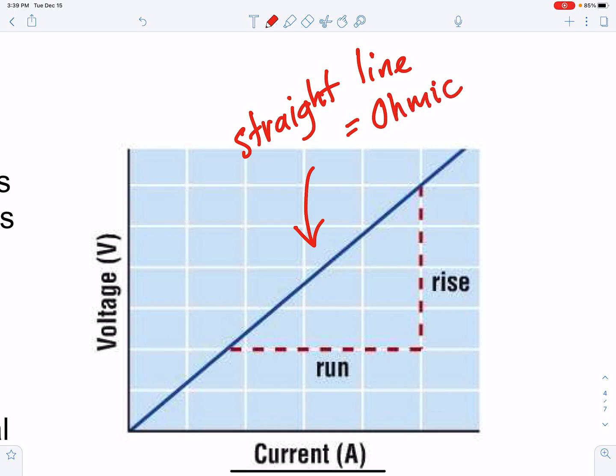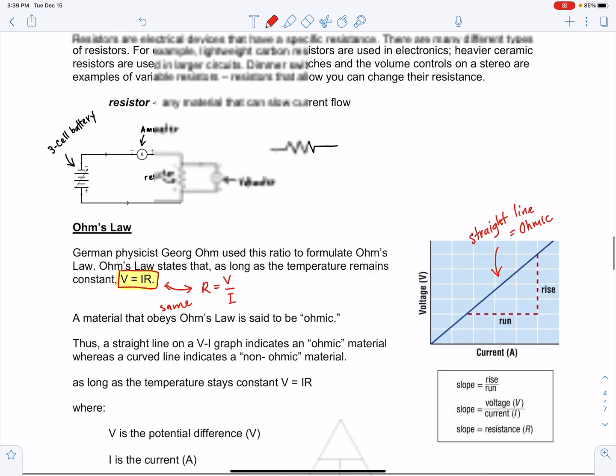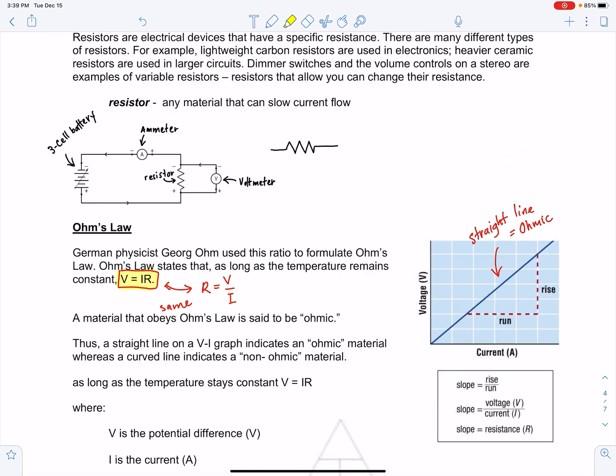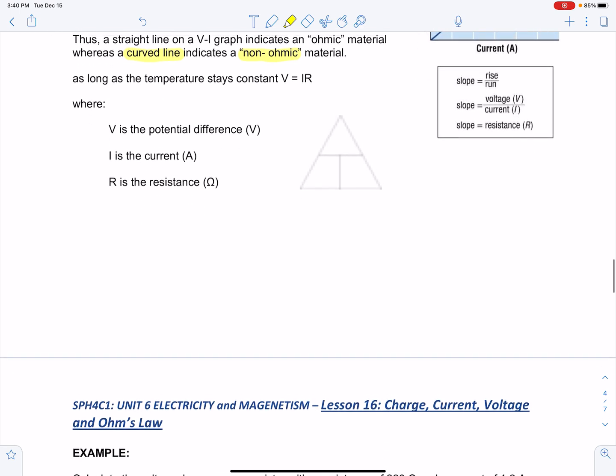If you get anything else other than a straight line, we say it's a non-ohmic material. So if there's a curved line, it's a non-ohmic resistor. So, as long as temperature stays constant, V is equal to I times R.